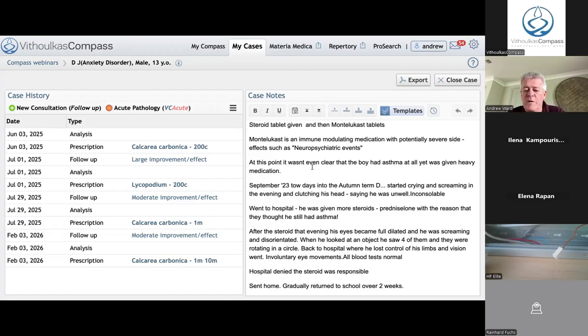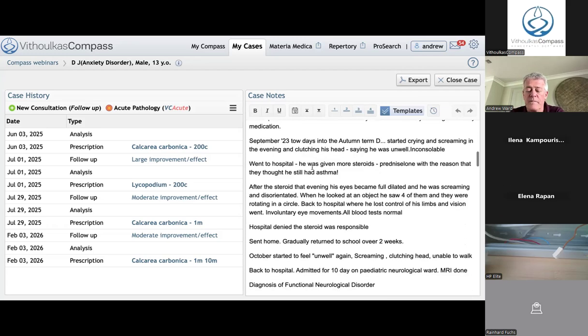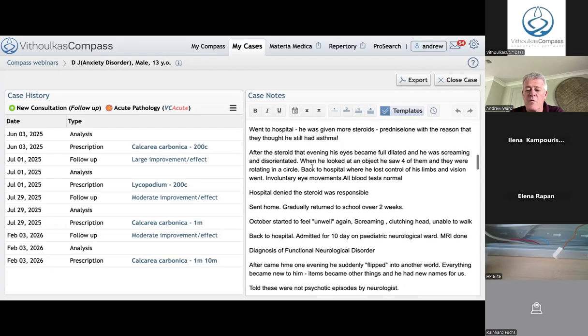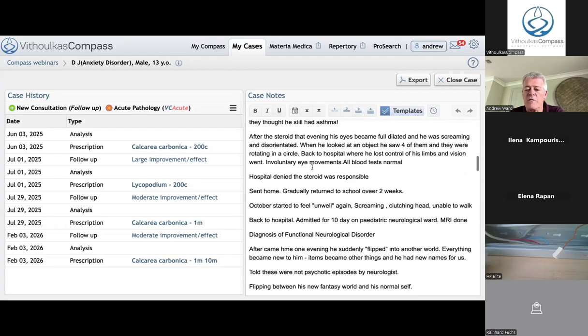Went back to hospital where he lost control of his limbs and vision and developed involuntary eye movements, all blood tests normal. Hospital denied the steroids were responsible. Sent home, gradually returned to school over 2 weeks.